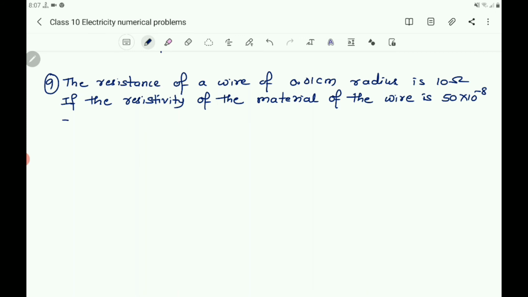Write that is 50 into 10 power minus 8 ohm meter. Find the length of the wire.